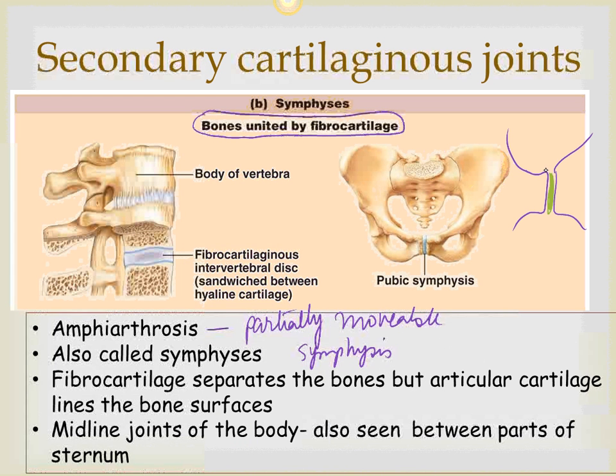Here also, wherever there is this joint, the surface of the bone has a thin layer of articular cartilage, which is hyaline. But in between is this fibrocartilage, and that's why it's also called a fibrocartilaginous joint. This secondary cartilaginous joint is also known as a fibrocartilaginous joint. The intervening tissue is fibrocartilage. This little hyaline cartilage just lines the surface of the bones. It's not intervening between the two bones.